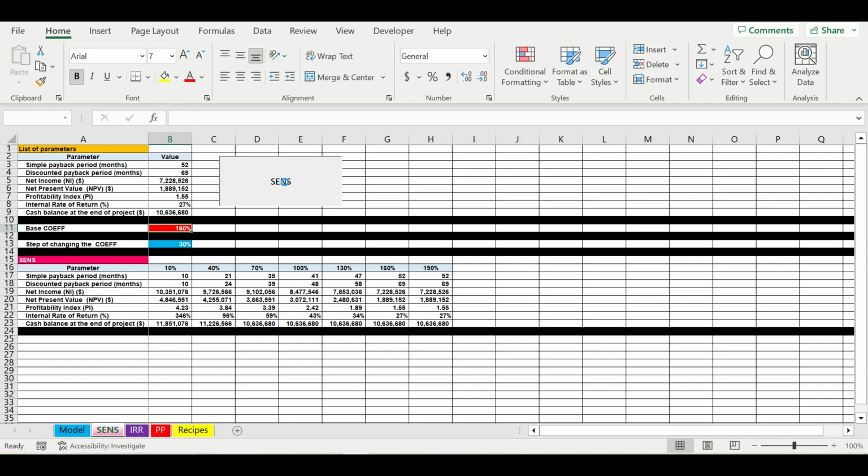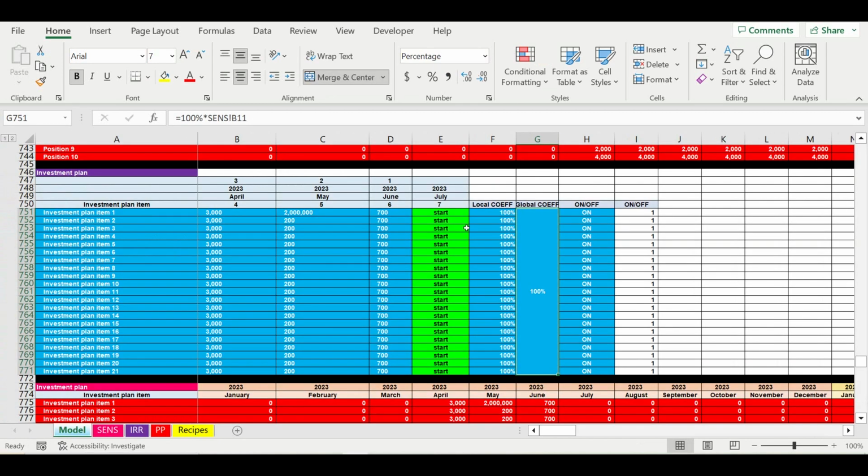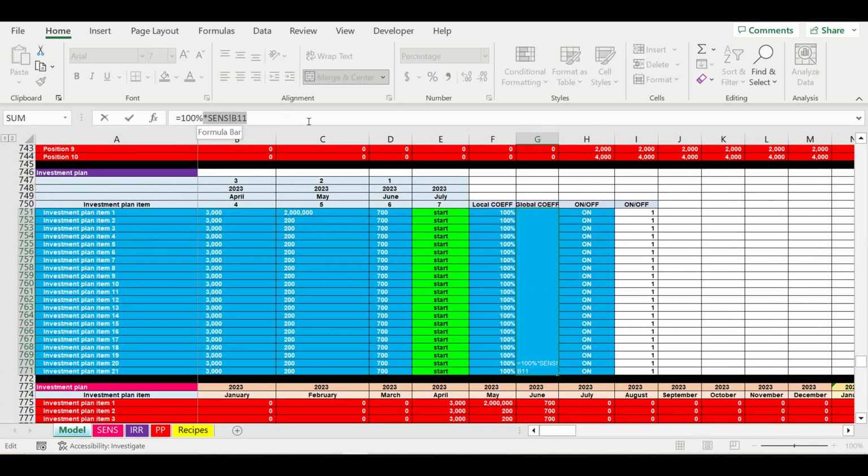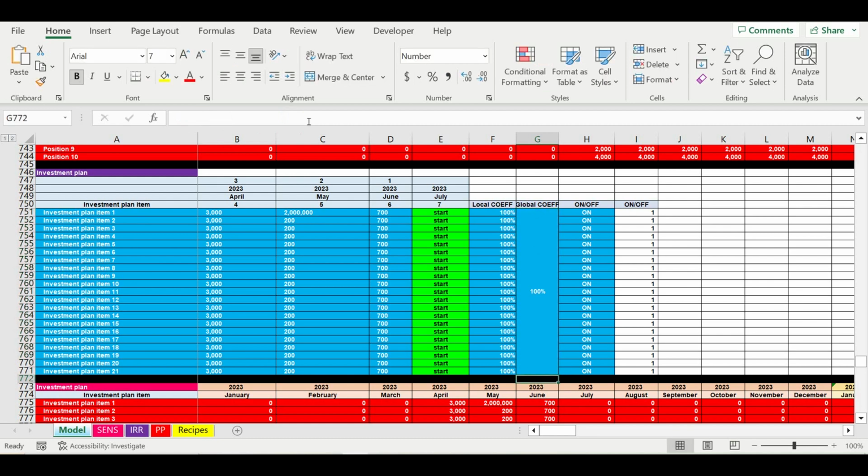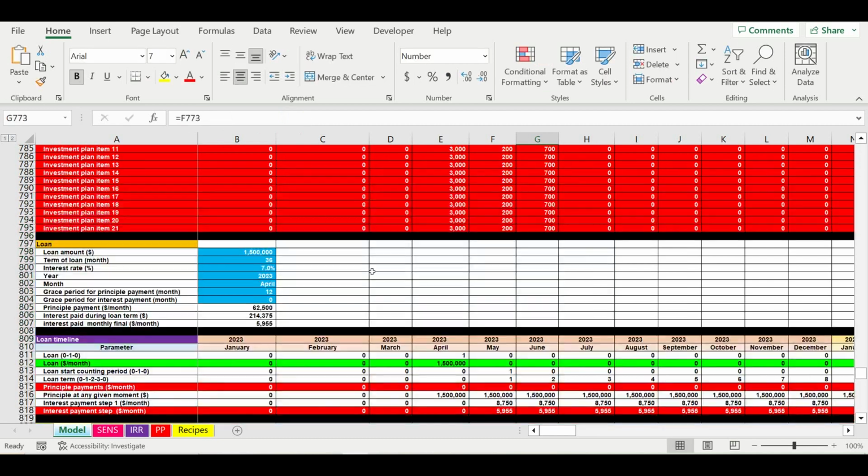Then the entrepreneur may want to add the sensitivity analysis coefficient to some other parameter. This can be, for example, the amount of loan.